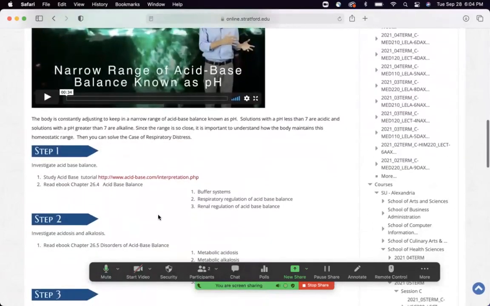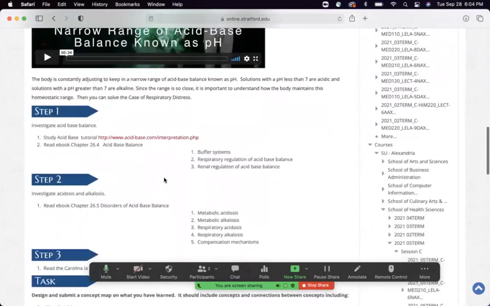Now, homeostasis 2. We're going to be talking about acid-base balance, buffer systems, which are systems to maintain the homeostasis for acid-base, and the renal regulation of acid-base balance, like how do our kidneys throw out acid and base to keep everything all in line.